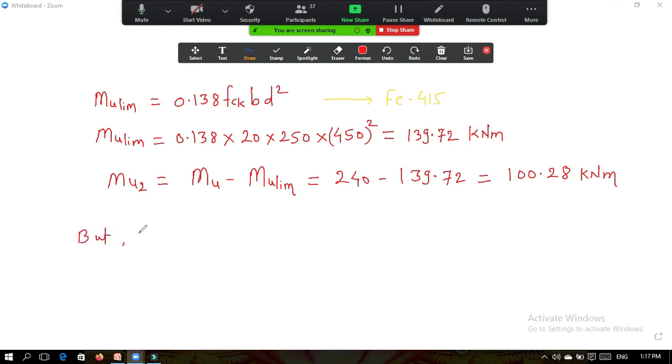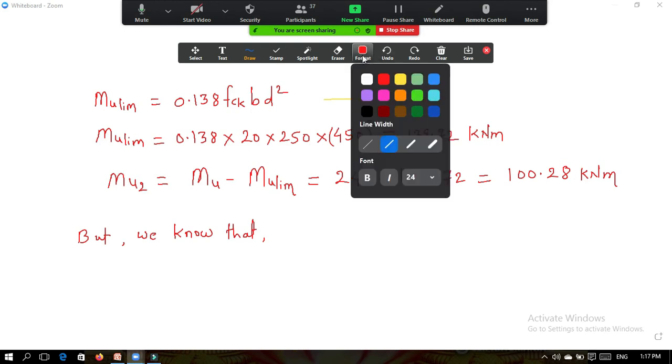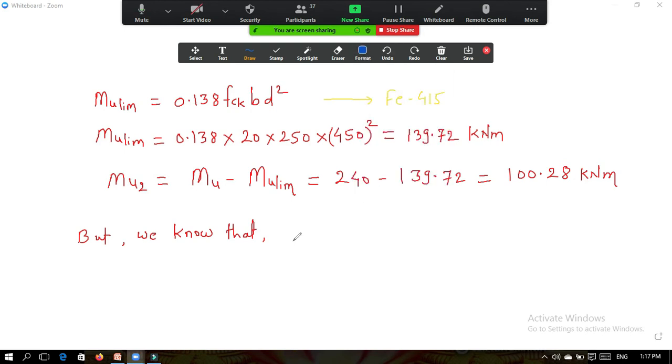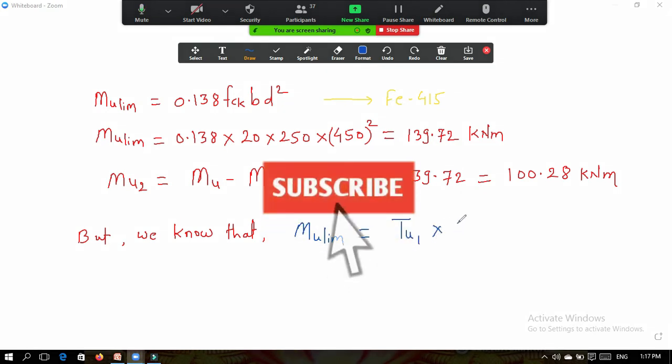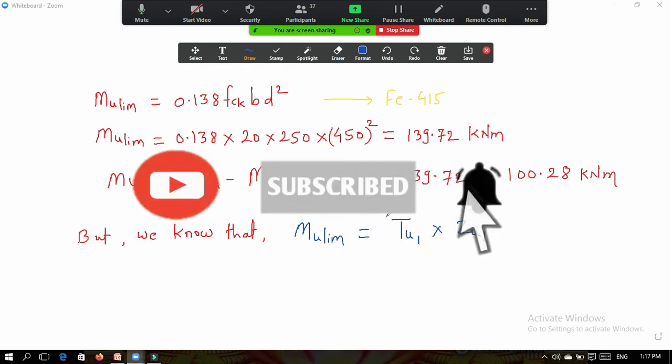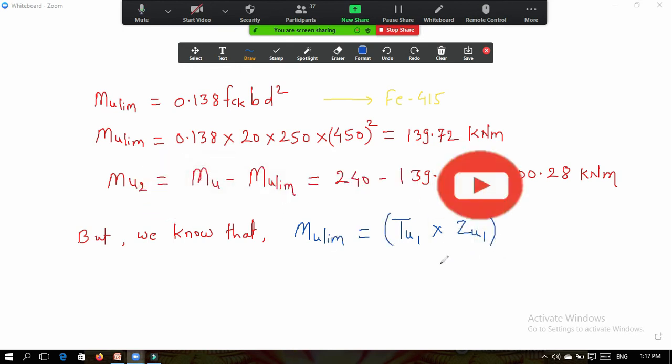Here we know that Mu limiting is equal to either Tu1 into Zu1 or Cu1 into Zu1, either force you can take.